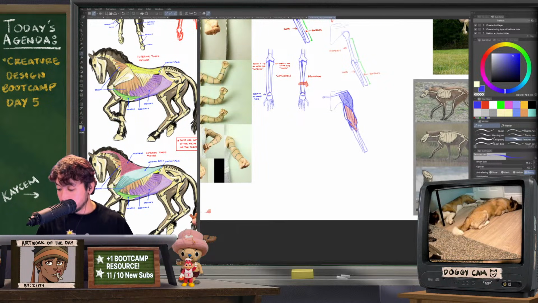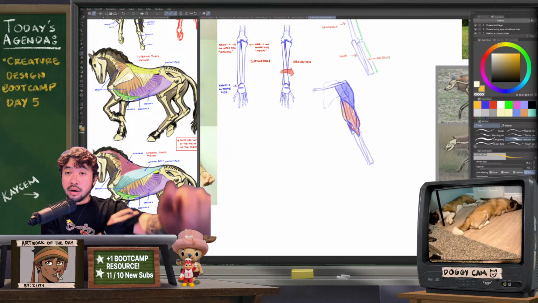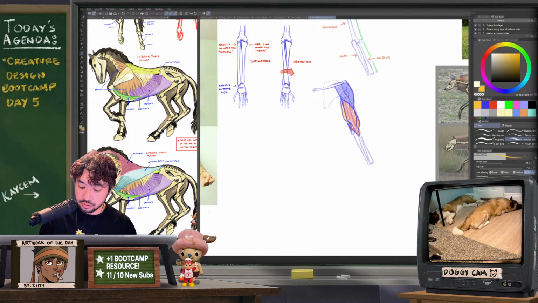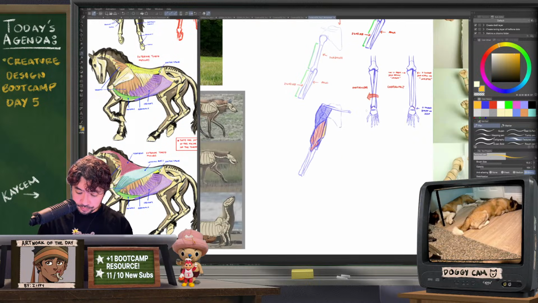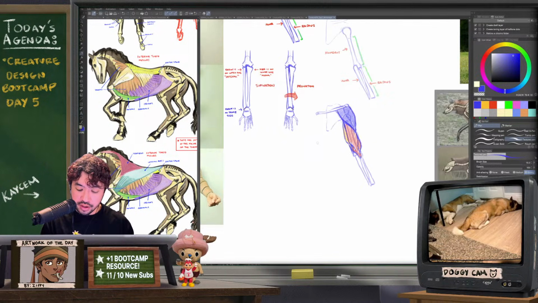So again, for now, we're not going to see too much of it, so don't worry. But imagine here your arm is kind of going outwards this way, like that. So you're seeing this intersection from the backside. So we have arms. We have deltoids, right? We have biceps and we have triceps.